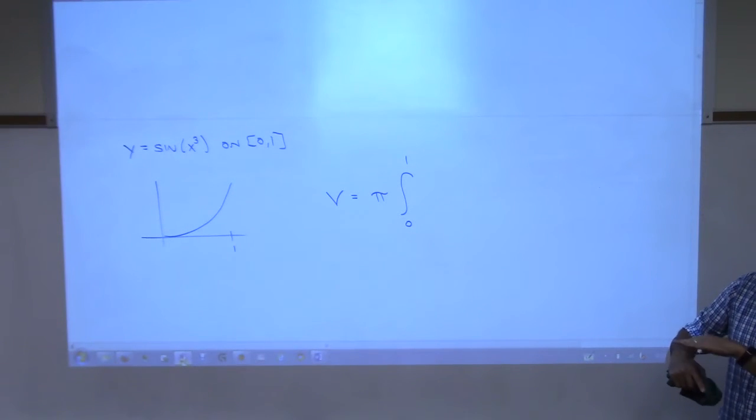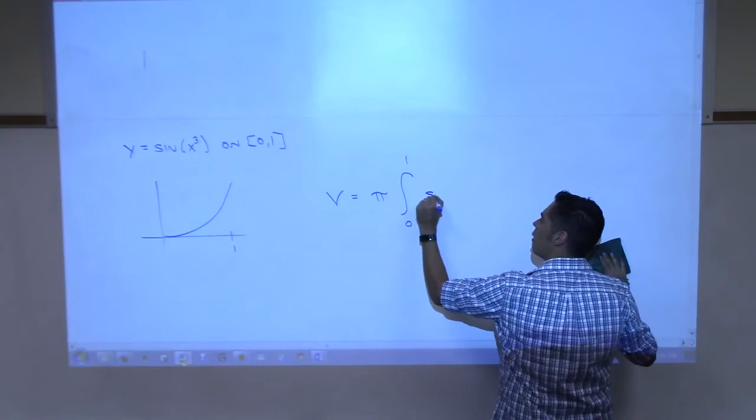The inner radius here is 0. So this is just going to be that function squared, right?